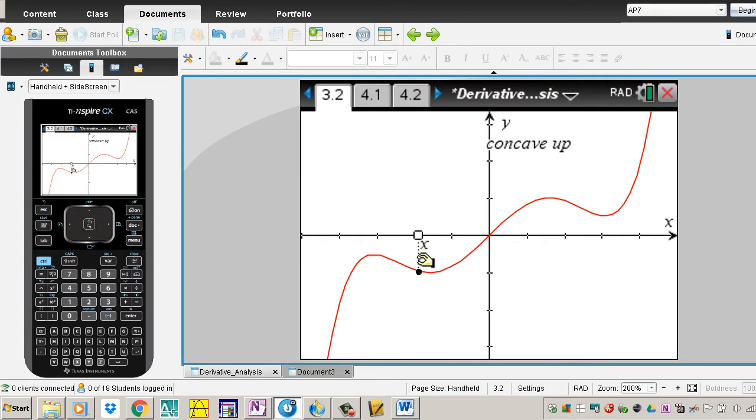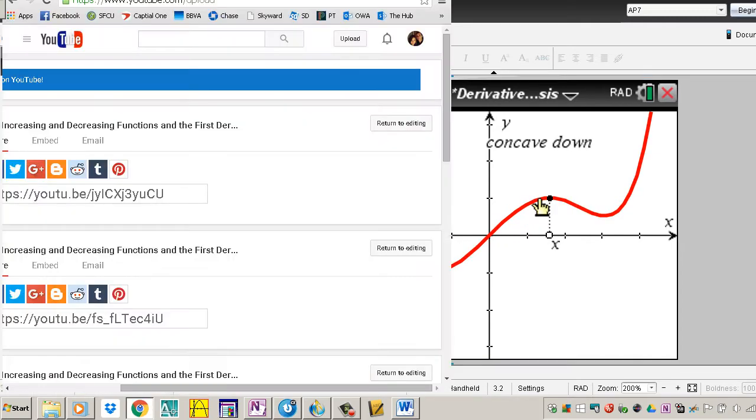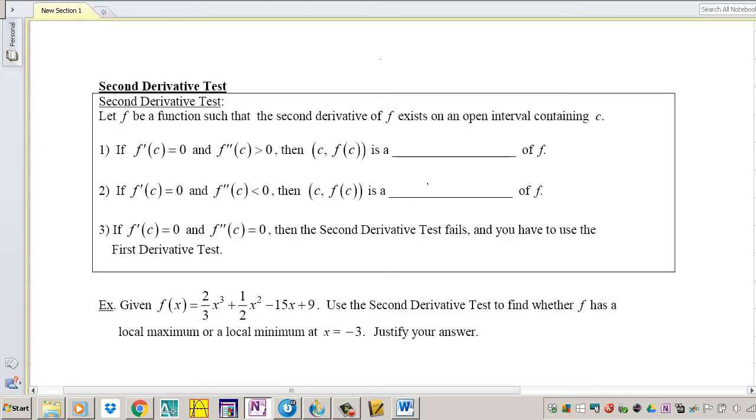So that should tell you something. Whenever you have a maximum, your graph will be concave down. And a minimum means that you probably have a concave up, and so on. So let's go back to our notes.